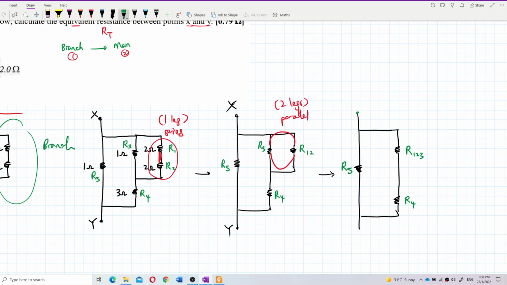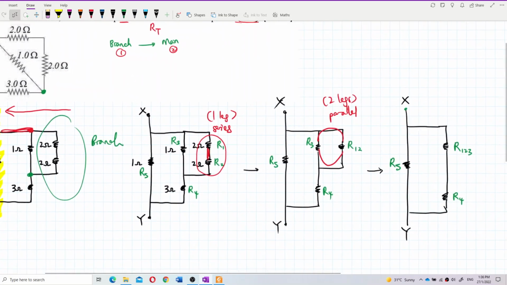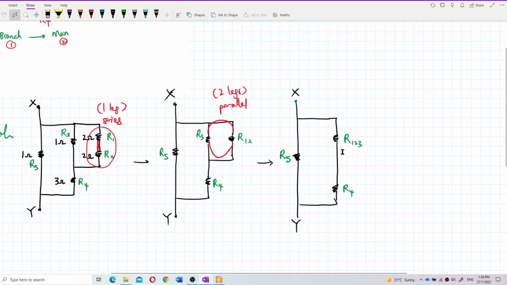This is XY here. Now we combine R123 and R4, they are in series. Always remember, always work from branch to the main. You see, I always work from the branch first before I go to the main.